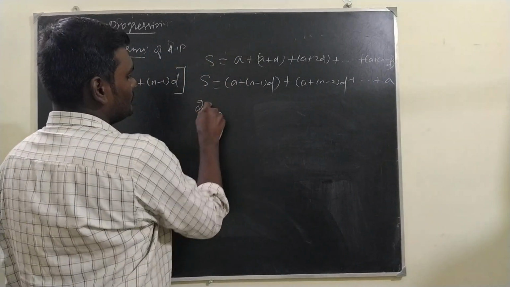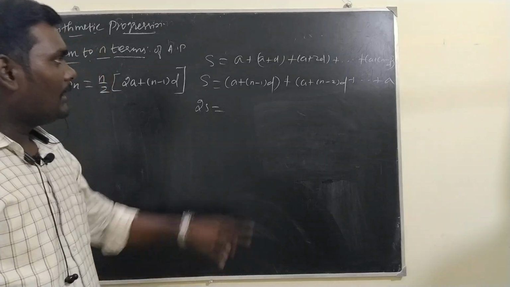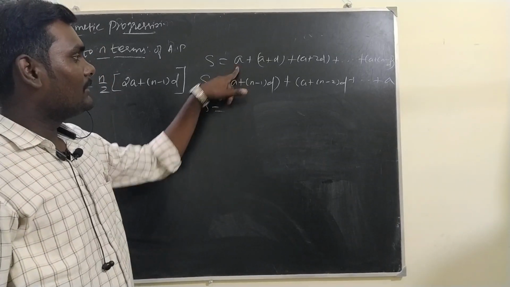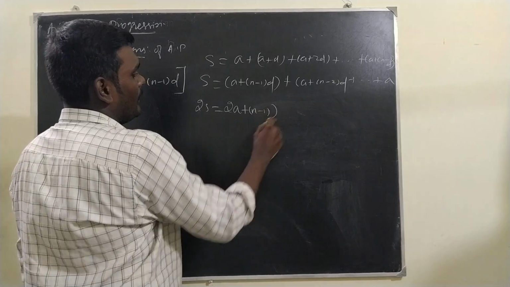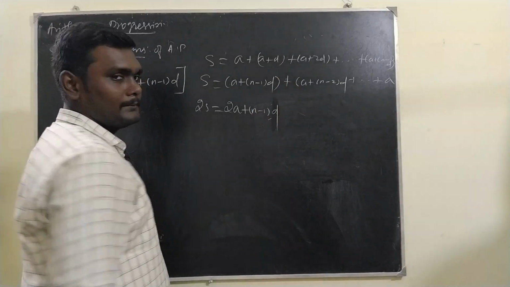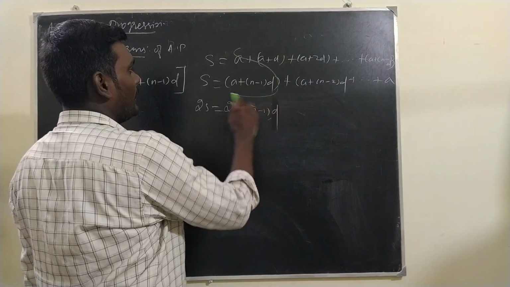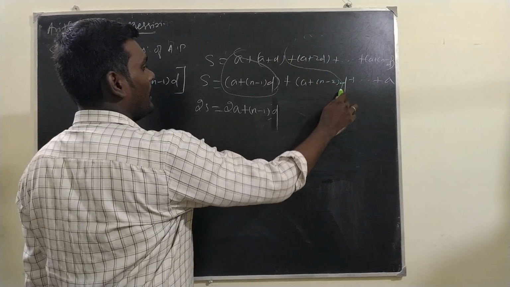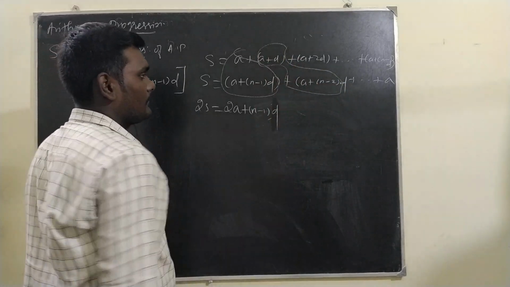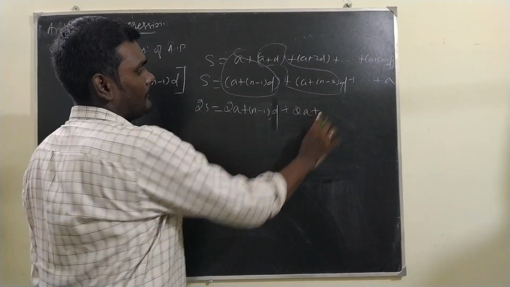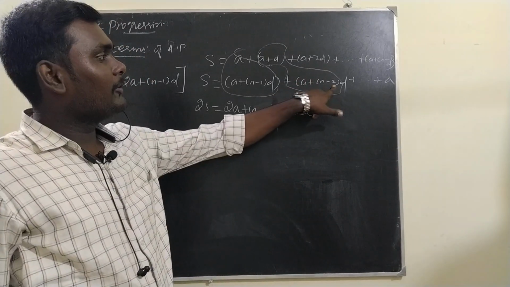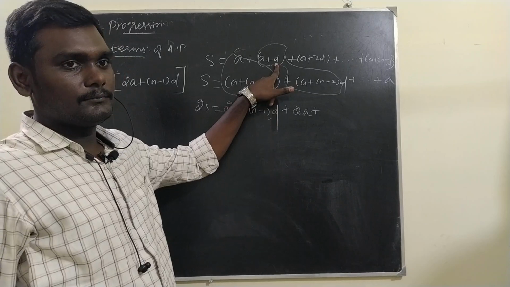Now, add these two. We will have 2S equals. This first term added means 2a plus (n minus 1) into d. Right? This I am adding. Likewise, these two if you add, what will you get? a plus a, 2a, plus (n minus 2 plus 1) into d.